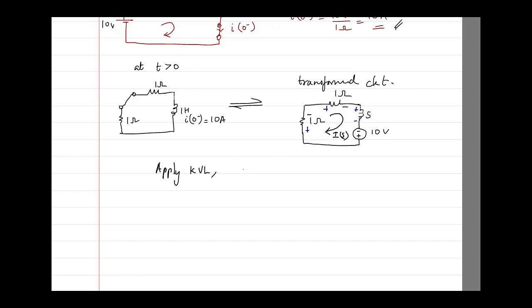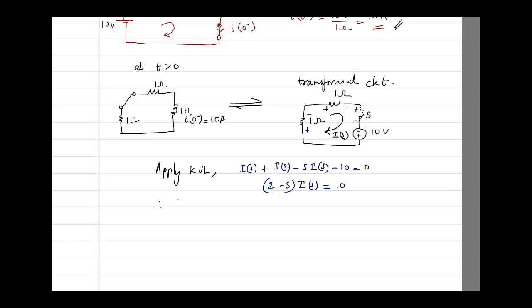It will be 1 into I of s plus 1 into I of s plus S into I of s minus 10 is equal to 0, from which 1 plus 1 plus S within bracket, I of s, equals 10.